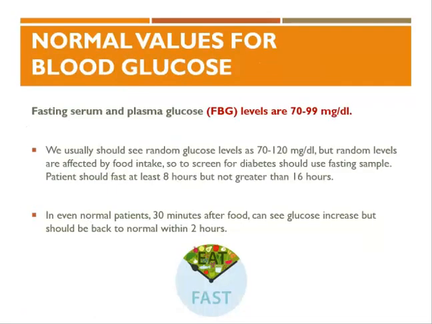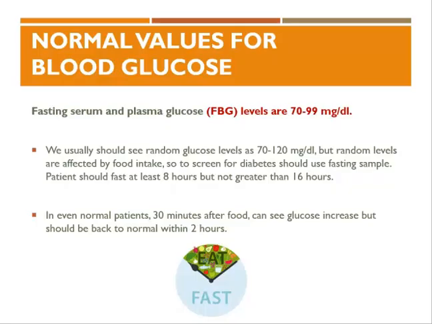For a patient that has been fasting or has not had anything to eat, the fasting blood glucose level should be between 70 and 99 milligrams per deciliter. We usually use a random glucose level, which the normal would be between 70 and 120, but random glucose levels are affected by food intake, so to screen for diabetes, we should be using a fasting glucose.